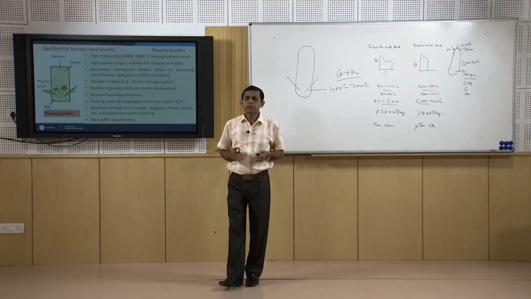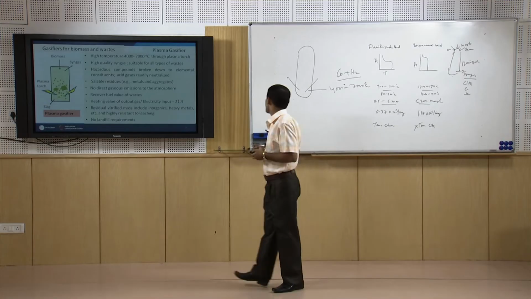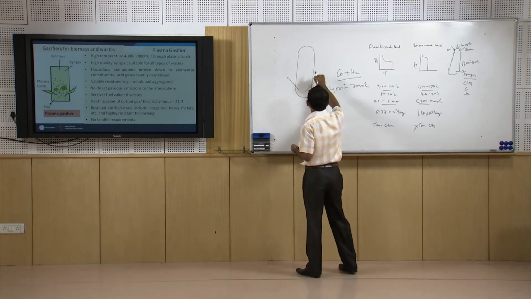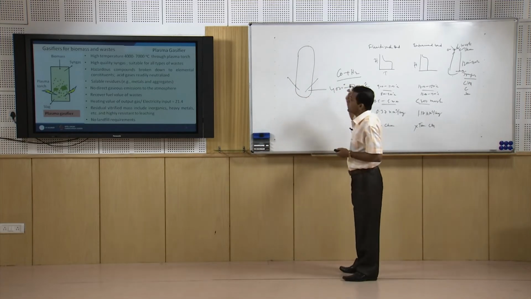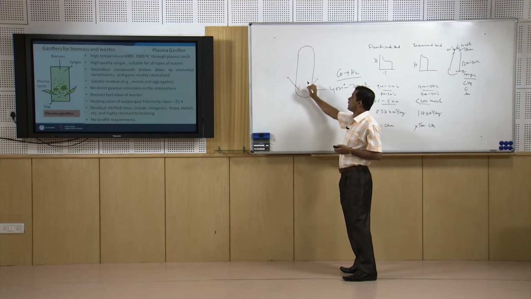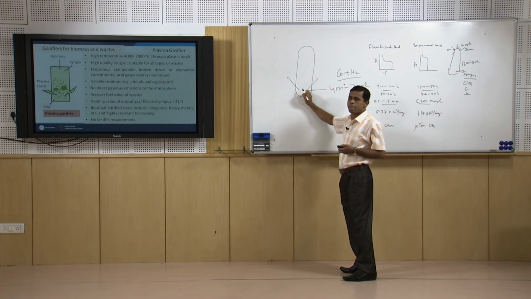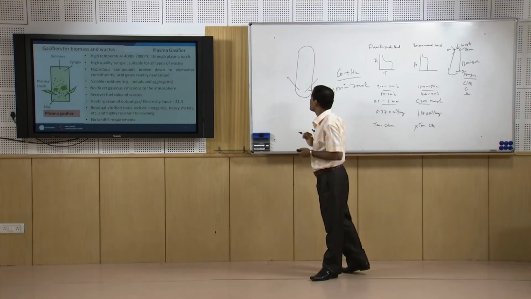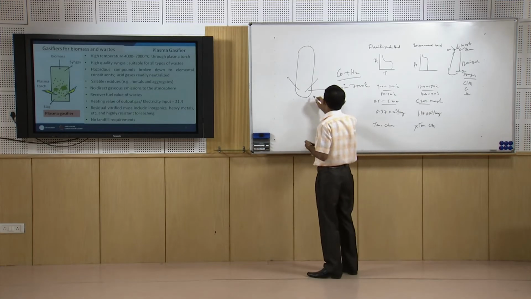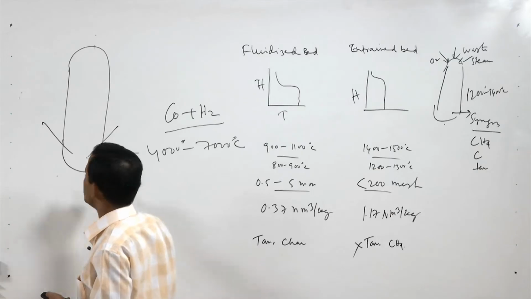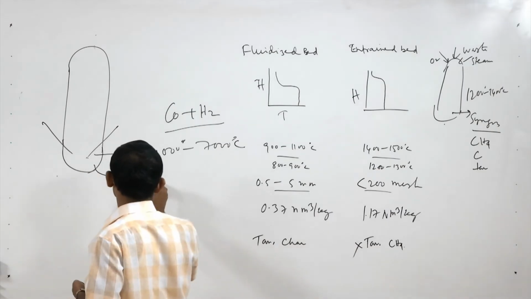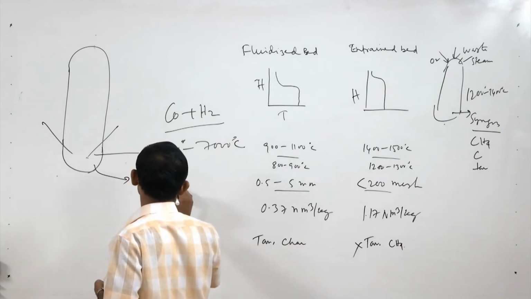The advantage of this gasification system is that no oxygen or steam is required, any type of solid waste can be used here, no pretreatment is required, and the syngas is of very high quality.